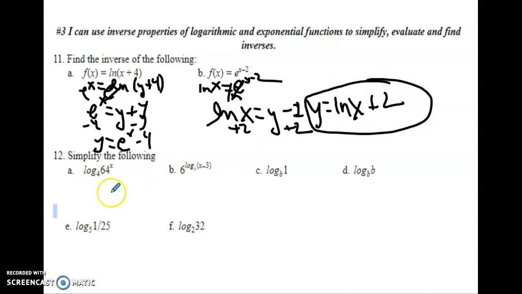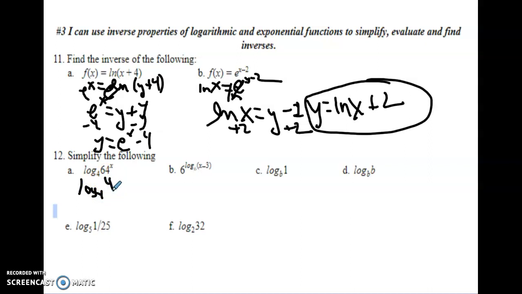Simplifying the following. So in order to simplify, I've got to have things cancel out. And we have log base 4 of 64. Well, that can't cancel out. But if I can get 64 in terms of a 4, then it will cancel out. So I'm going to rewrite this as log base 4 of 4 to what power?